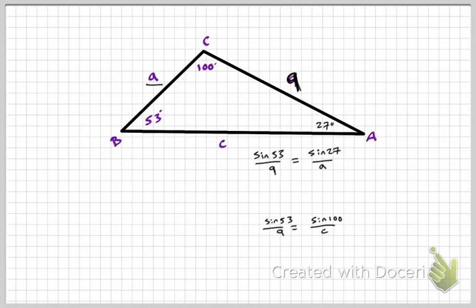Let's go ahead and do our cross multiplying. So A times sine 53 equals 9 times the sine of 27. Divide by sine 53.